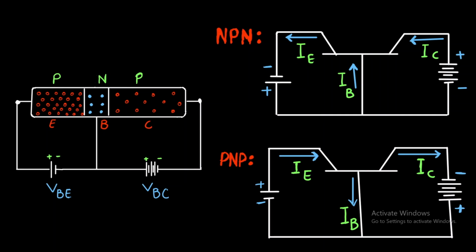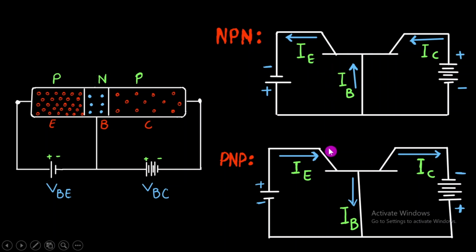Okay, now this is the circuit diagram for the PNP transistor, and here the current is opposite to that of the NPN transistor, because here the majority charge carrier is the hole, and in that case the majority charge carrier was the electron.